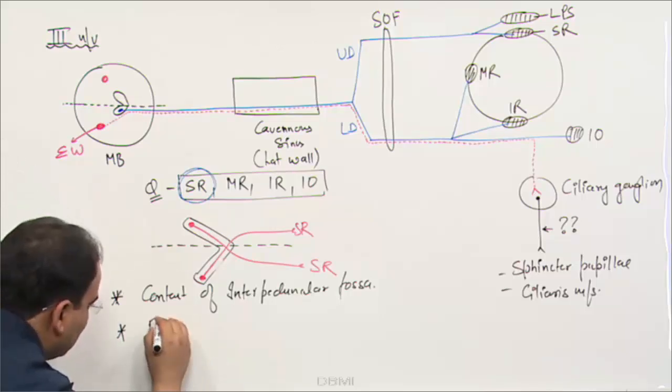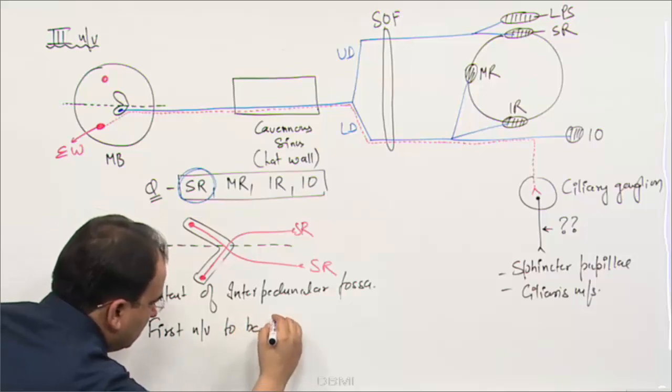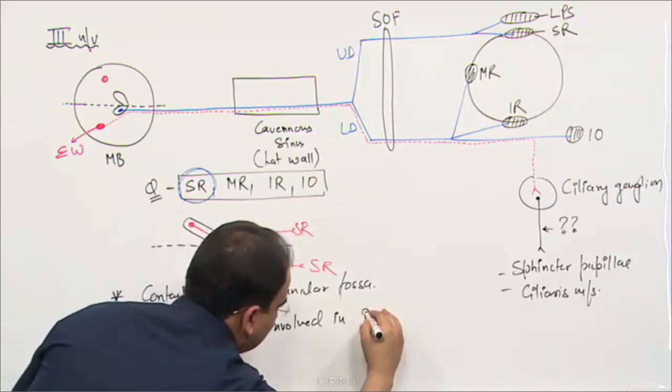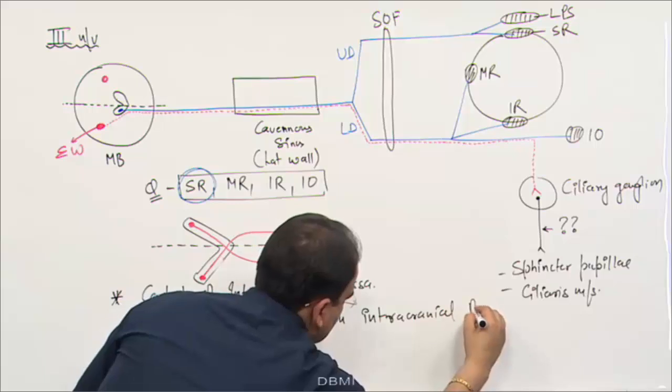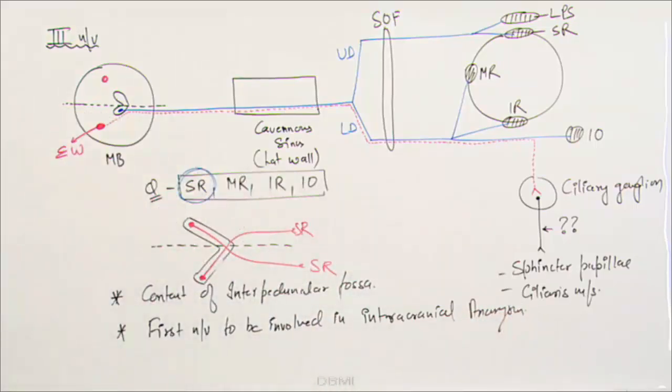So third nerve is the content of interpeduncular fossa and the first nerve to be involved in intracranial aneurysm.